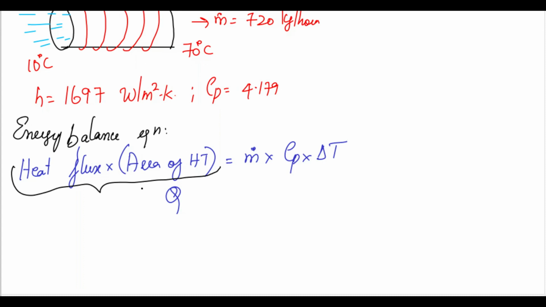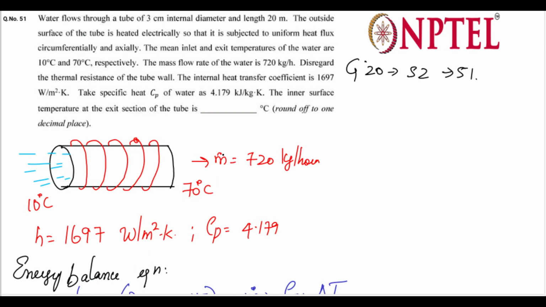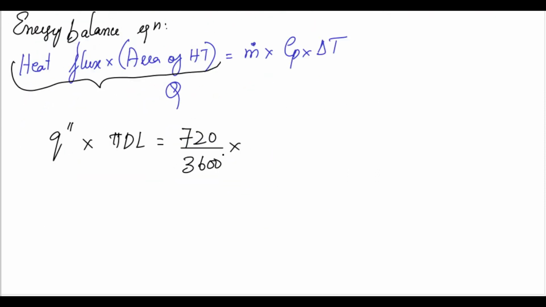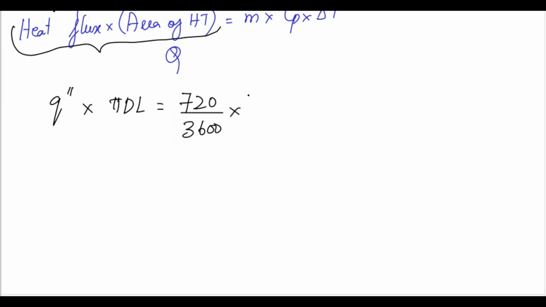Now the heat flux we don't know, and the area is nothing but pi D L. So pi D L should be equal to mass flow rate, which is 720 divided by 3600, times Cp, which they have given as 4.179 kilojoule per kg Kelvin, so 4179, times delta T. Delta T is nothing but 70 minus 10.